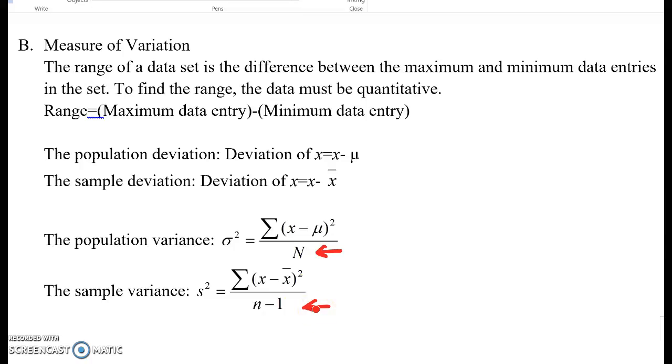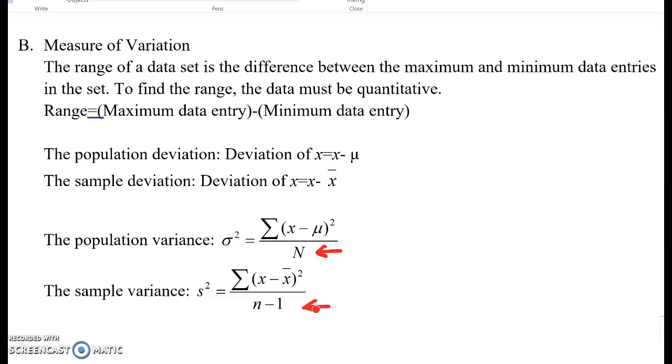So what's the reason we have to subtract 1 from the total number of data for the sample variance? The reason is the sample is only a part of the population.